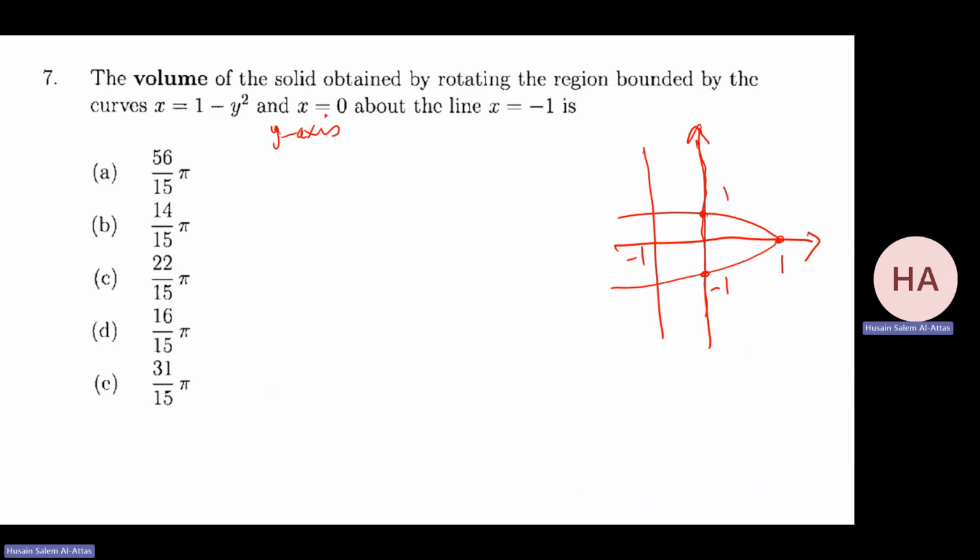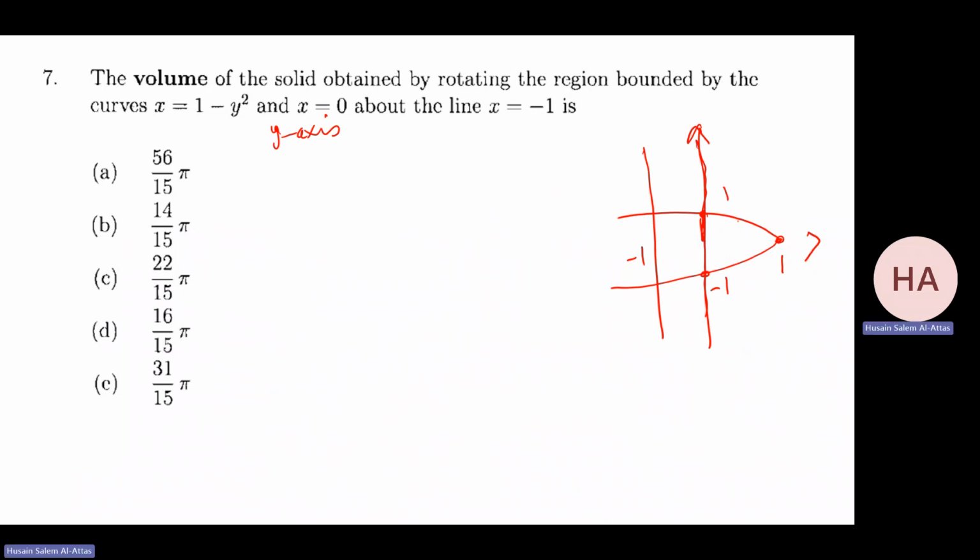So we're talking about this area, bounded by x equals 1 minus y squared and x equals 0, which is the y-axis. So I am talking about this region.